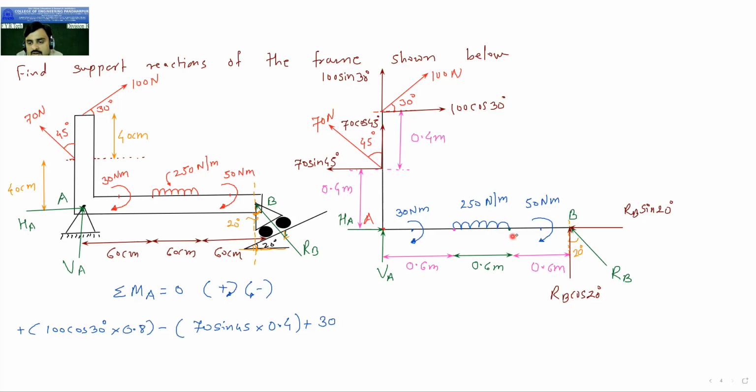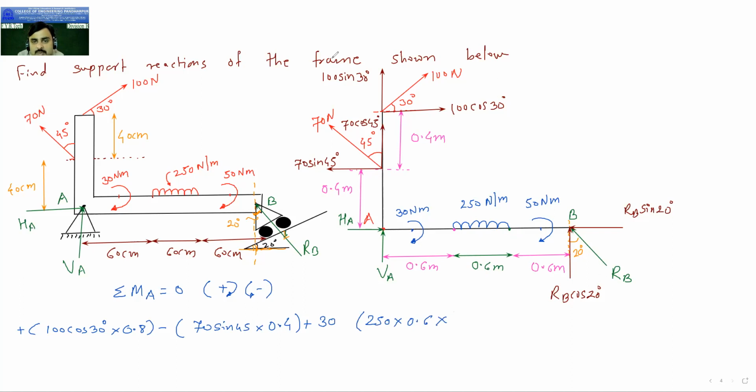Next, if you move further, this is the UDL. What is the UDL? The intensity is 250 and the span is 0.6. So first of all, convert this UDL into the point load. So if I convert this, it will be 250 into 0.6 into what is the distance?